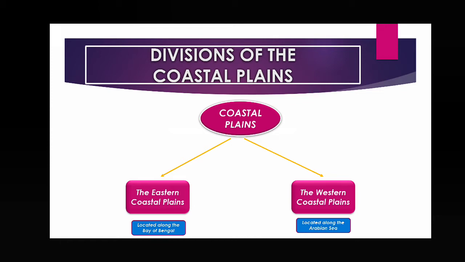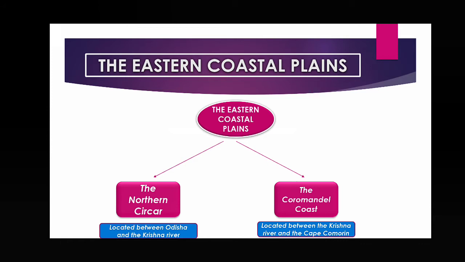According to this, coastal plains are of two types: the eastern coastal plains, that means located on the eastern side of India, it may be the eastern side of the Eastern Ghats, and that is located along the Bay of Bengal. And the western coastal plain means it is located along the Arabian Sea, the western side of the Western Ghats or the western side of India also.